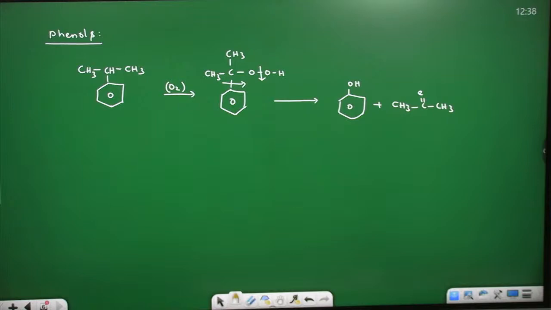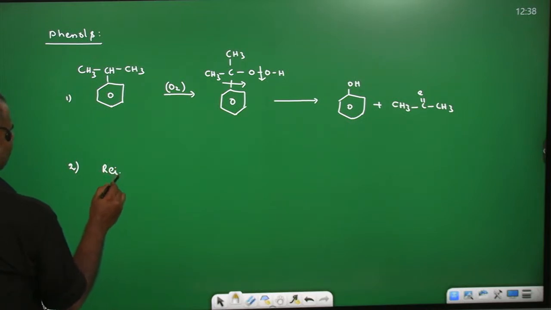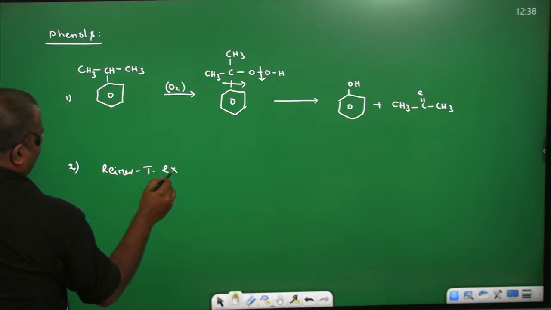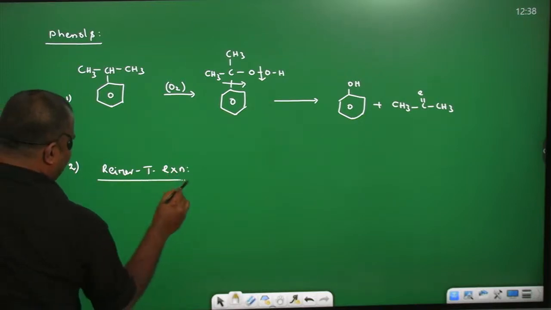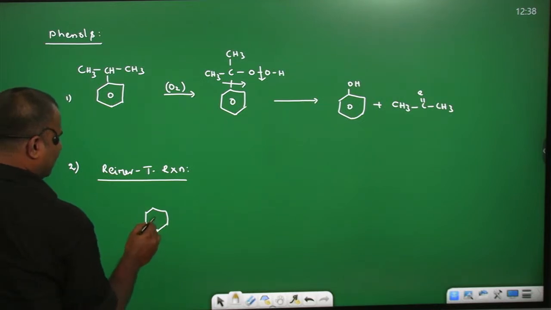Okay, next one, Reimer-Tiemann reaction. What is the Reimer-Tiemann reaction? The phenol, here we have two possibilities.